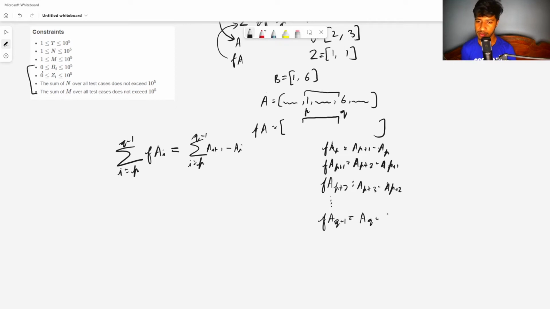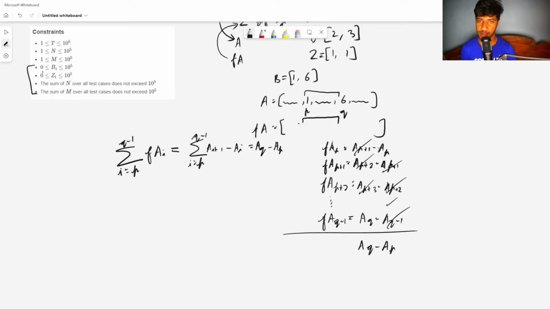A of Q minus A of Q minus 1. Now add these up. The left side of the equal signs, if you add this, that will be equal to this sum, right? That is exactly what we're trying to find. On the right hand side, you'll see this and this cancel, this and this cancel. So it's kind of a telescopic sum, right? So it's A of Q minus A of P. So this is equal to A of Q minus A of P.